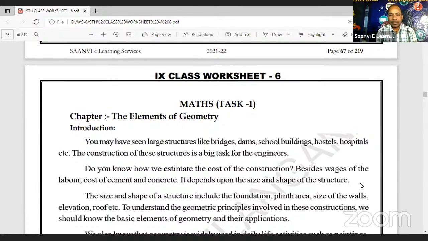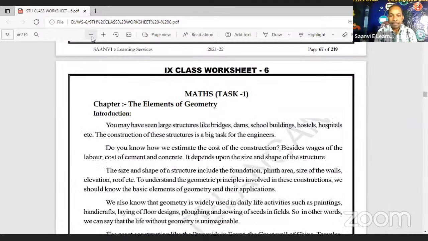If the plan fails, the building will collapse. So it is a very big task for engineers. And also, we estimate the cost of construction, besides wages of labor, cement, concrete, everything. So we have to estimate, isn't it? Okay, now continue, girl. Third paragraph.